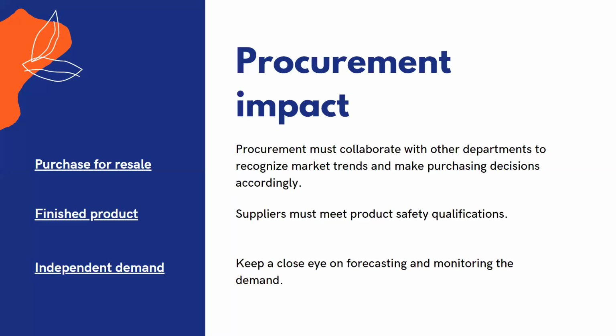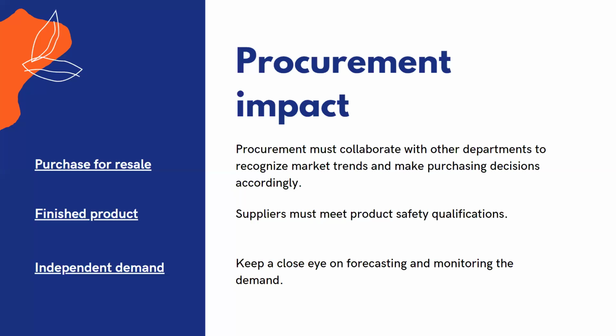Because of facing the consumer directly and purchasing finished products for direct consumption, procurement may need to pay extra attention to health and safety. Okay, and suppliers must meet the minimum safety qualification when we consider purchasing from them.